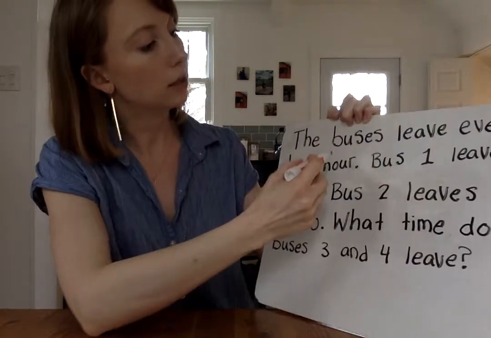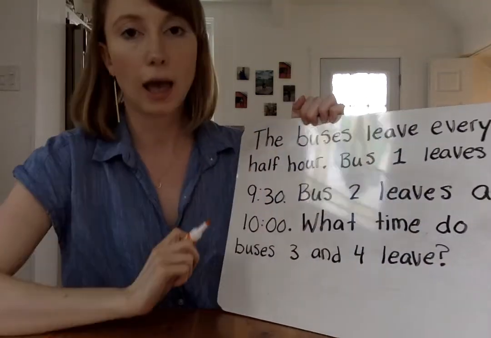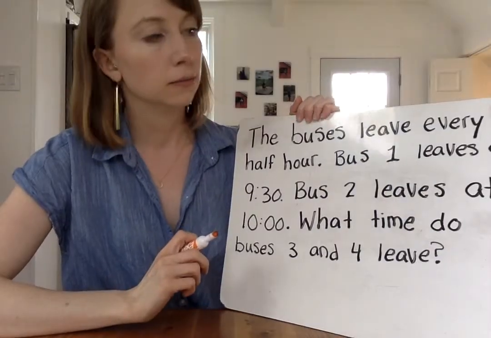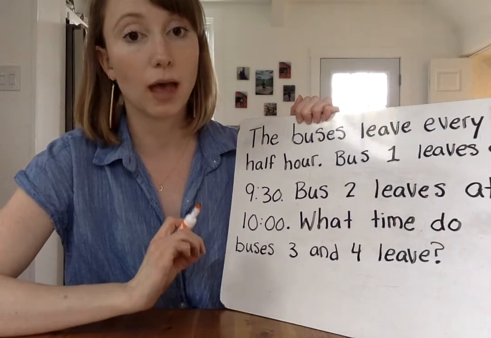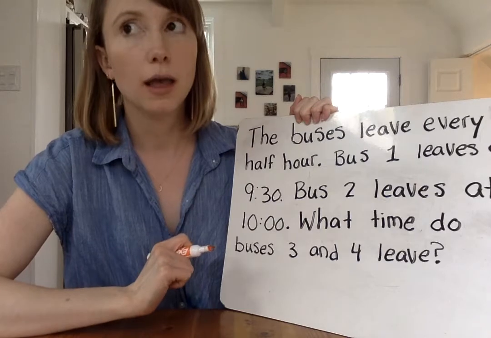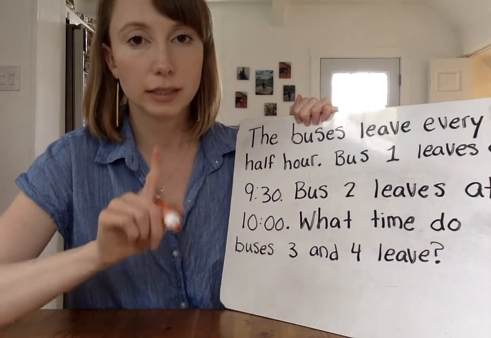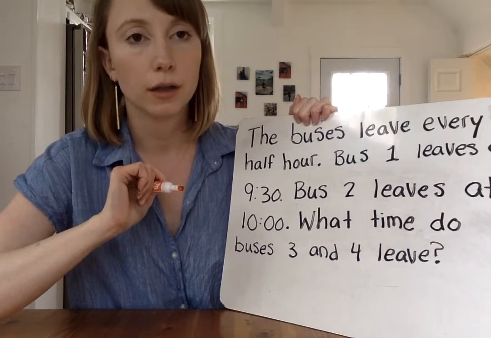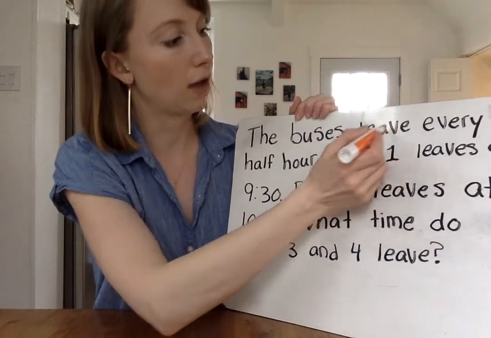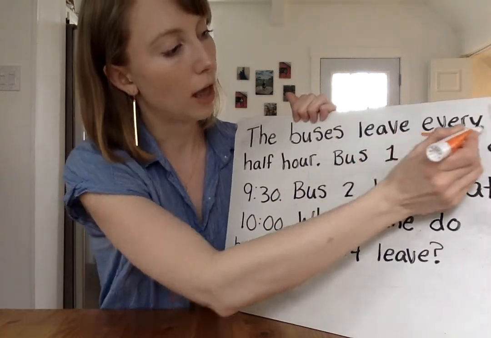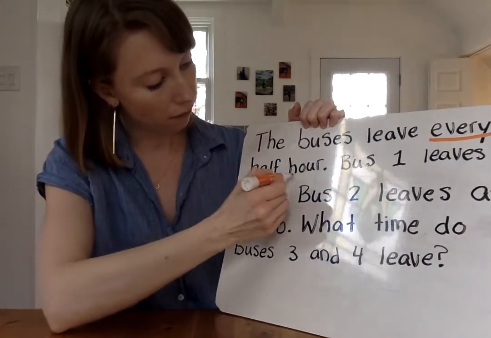So it says the buses leave every half hour. That seems very important. They leave every half hour. And how many minutes are in a half an hour? There's 60 minutes in an hour. There's 30 minutes in a half hour. So I'm going to underline every half hour.